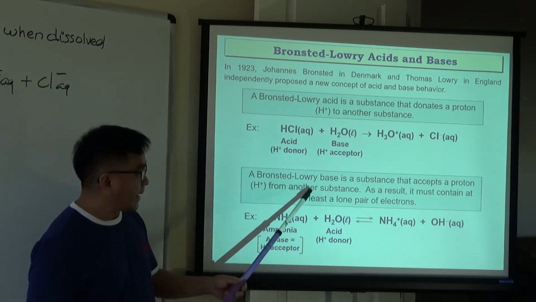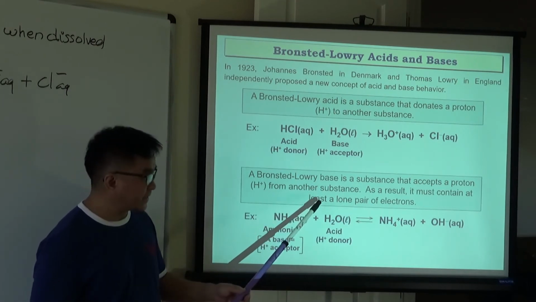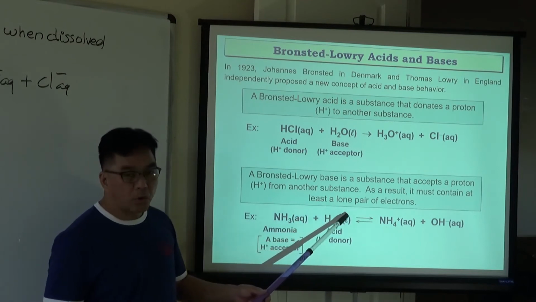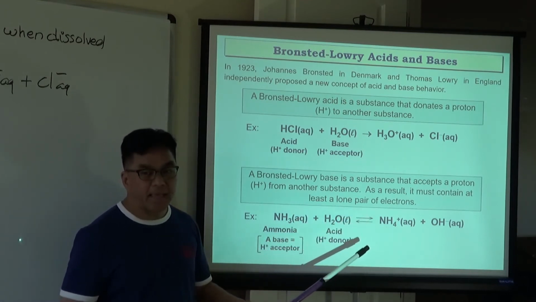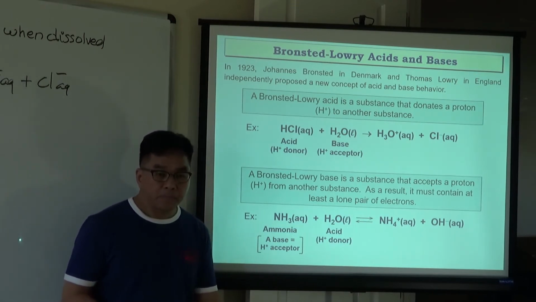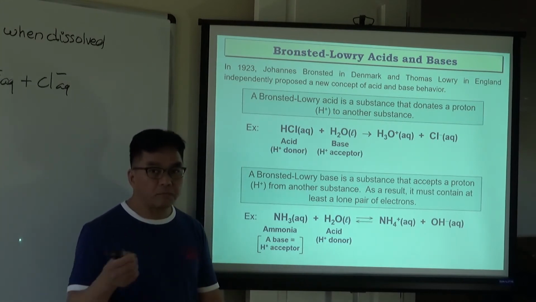Now, a Brønsted-Lowry base is a substance that accepts a proton from another substance, and because it accepts a proton, it has to have a pair of electrons in order to accept it. Just like we saw in the case of ammonia, the nitrogen has a lone pair of electrons, so it can accept a proton from water.